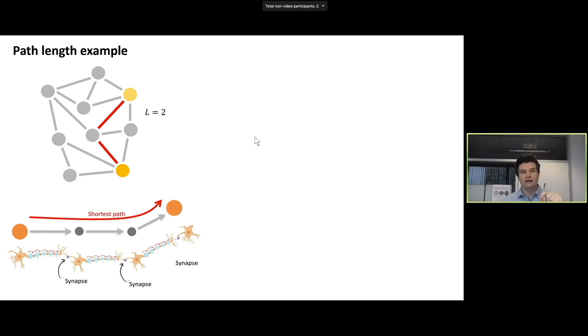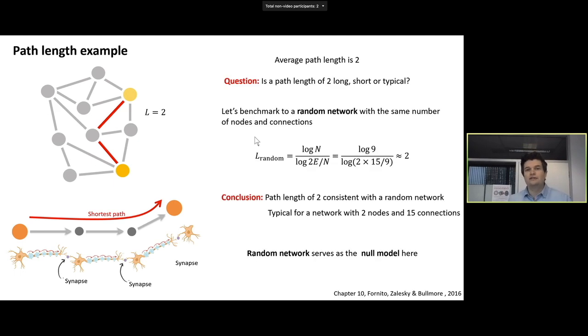This means to get between any pair of nodes, we need to traverse 2 connections, as I've shown here for the particular example. So the question is this: if you map a connectome and you find that the average path length is 2, is this long, is it short, or is it typical? We don't know. It's hard to determine just based on a measure of path length how to interpret that.